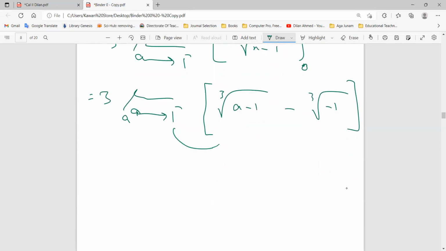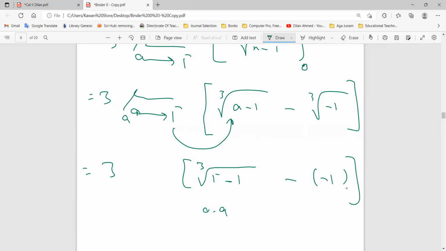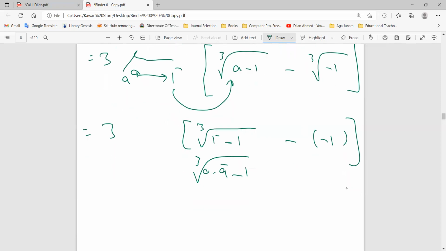And if I put 1 here, I'll get what? 0, thank you. In my mind, it's like that. I say it's equal to -1. And here's 3, and I put the limit here. The limit of 1 minus, so 1 minus means 0.999, and 0.999 minus 1 is equal to what? 0.